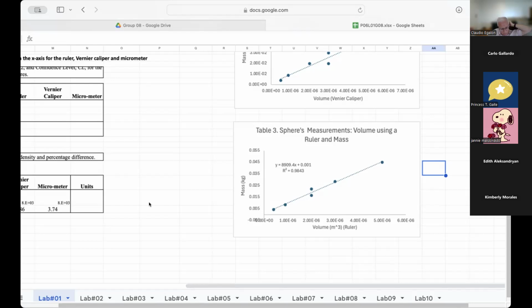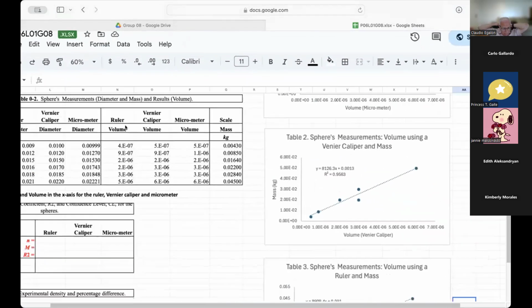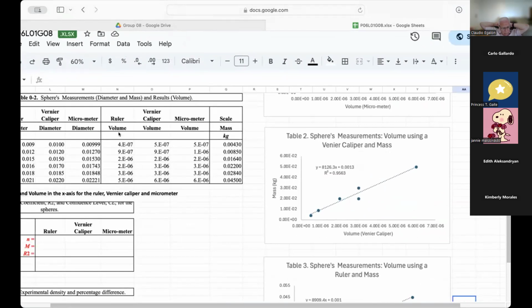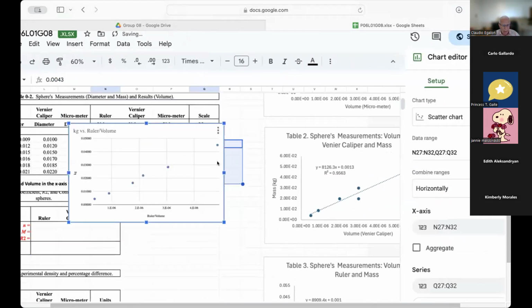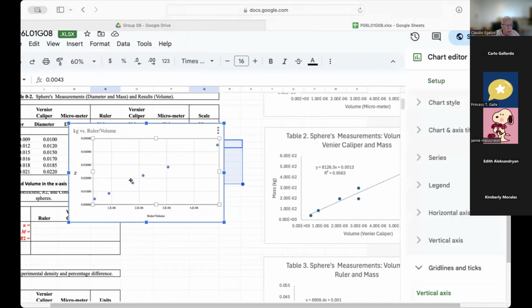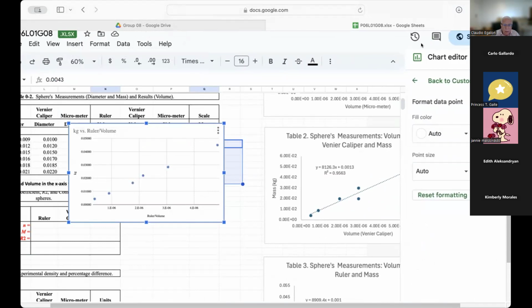I copied the same exact numbers on Excel and I made the graph on Excel, but let me see if I can make it on here. We're using these values, correct? Yeah, that's right. But if you use Google Sheets online, it's not going to work properly. Go ahead, click one of the data points and right click.